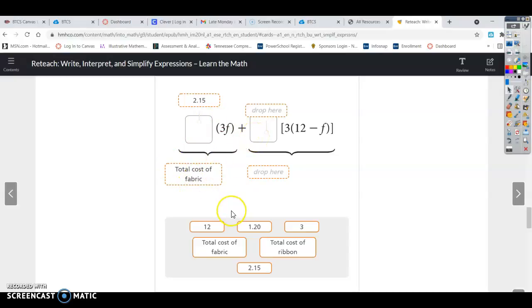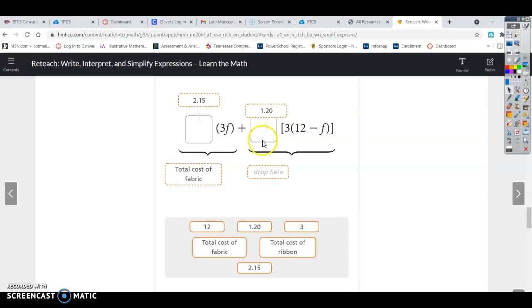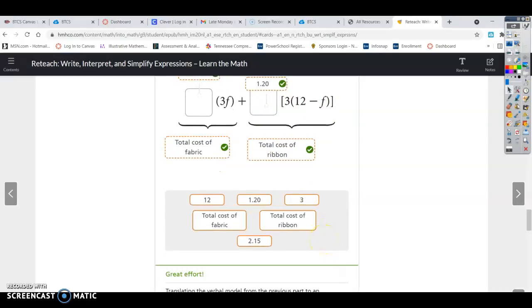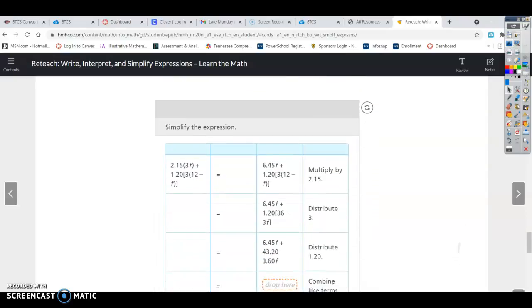And then the next part is going to be the cost of the ribbon. So we're going to have $1.20, and the total cost of the ribbon is 1.20 times 3 times 12 minus F. And then you always should check to make sure that's correct.